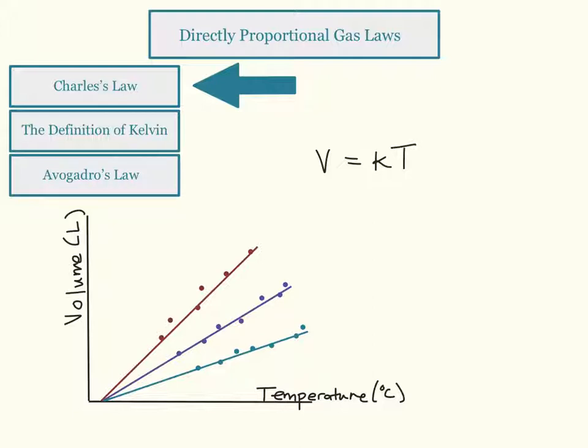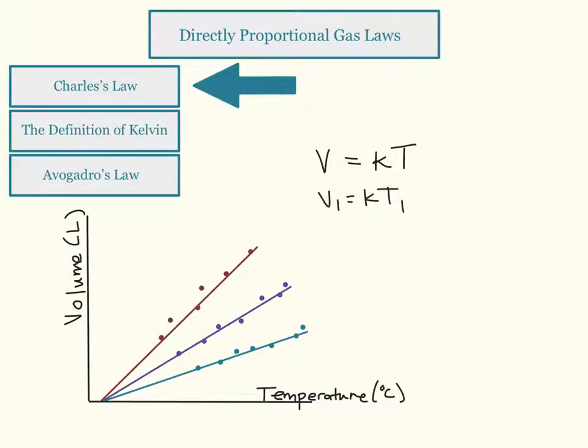Just like with Boyle's law, we can use the idea that a particular sample of gas will keep the same constant K and derive a useful equation for predicting the volume and temperature at different times. Consider an equation where we had V1 equals K times T1.